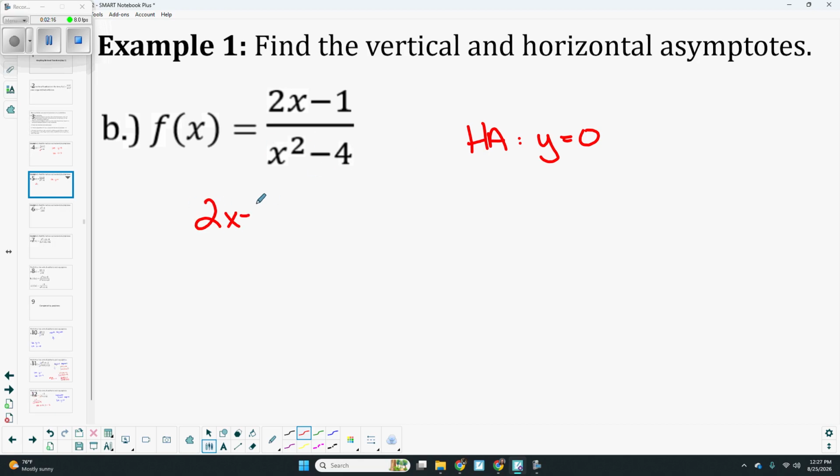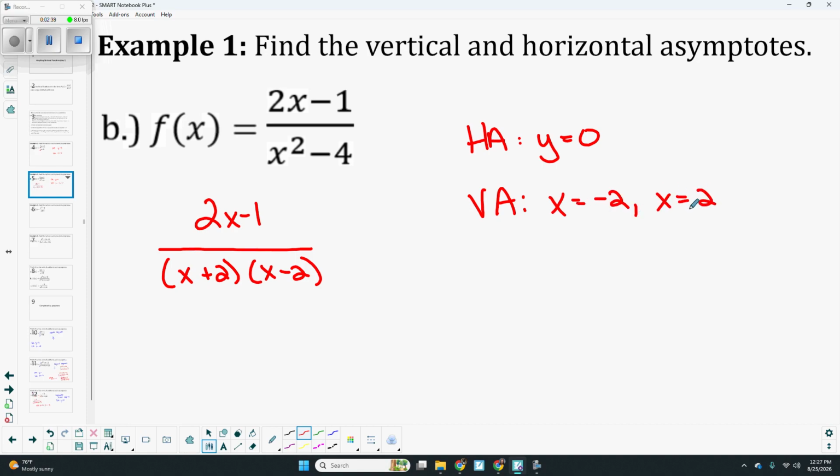So 2x minus 1 doesn't get factored any further, but x squared minus 4, that's a difference of squares, is x plus 2 times x minus 2, which means I have two different vertical asymptotes, right? Because nothing's canceling out. I don't have an x plus 2 on top. I don't have an x minus 2 on top to cancel out. So we're going to say x equals -2 and x equals +2 are my two vertical asymptotes.